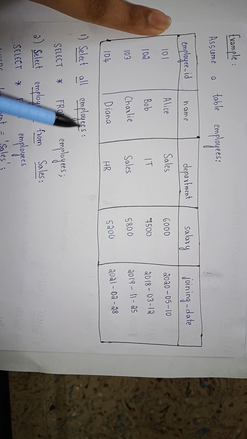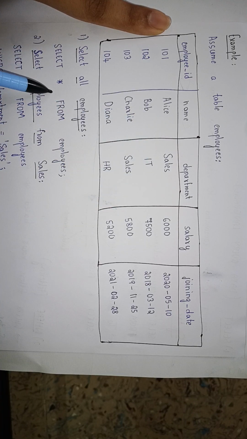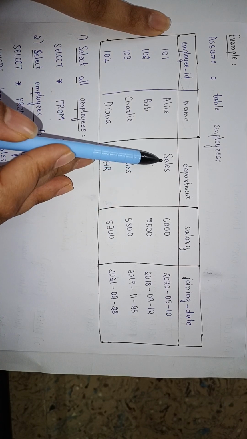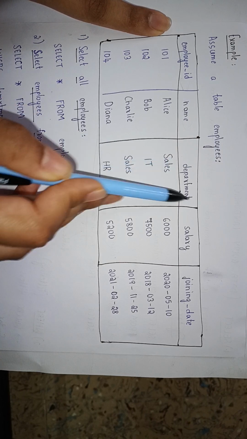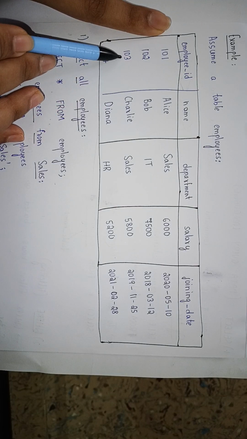To select every detail of all employees, we use select asterisk from employees. When you use select asterisk from employees, the complete table details are fetched. Suppose I give a specific condition, like selecting employees from the sales department only; then we will get only 101 and 103, right?